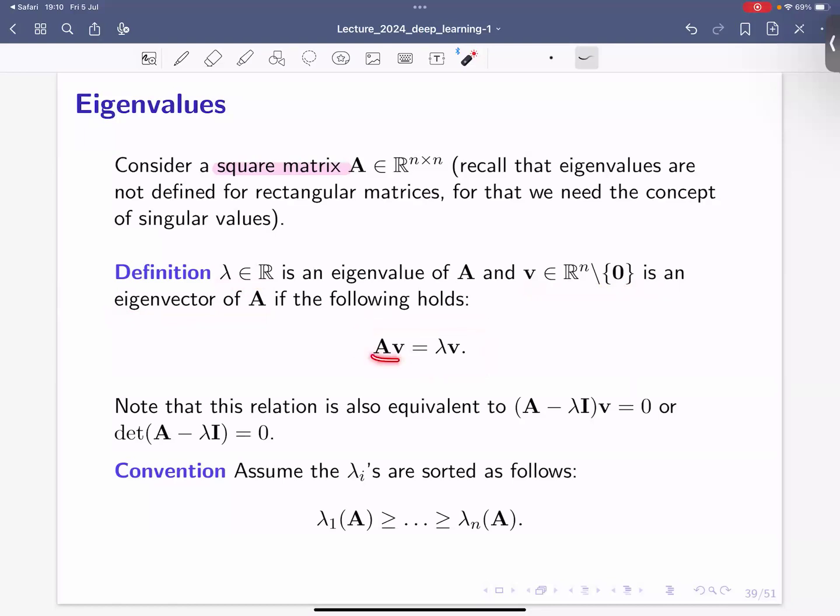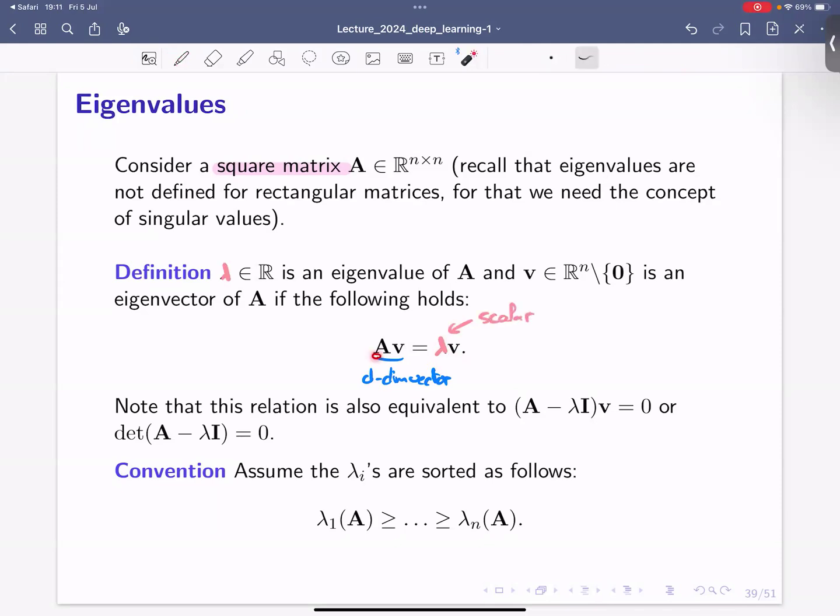So we have that AV. So what is AV? It's a matrix A times a vector V, right? So we have, as a result, this is a d-dimensional vector. And we're asking that this d-dimensional vector is essentially V itself times this eigenvalue. Okay, so the eigenvalue here, let me highlight this. This acts as a scalar. It does not change the direction of the vector, right?